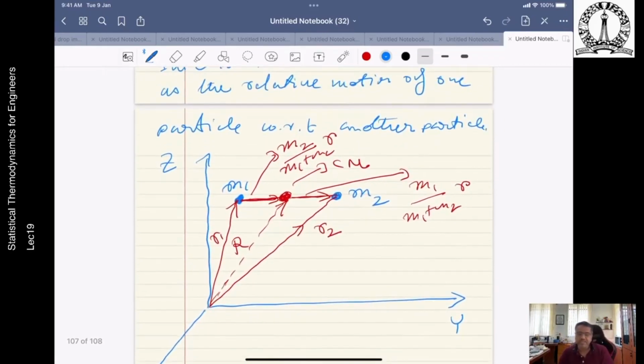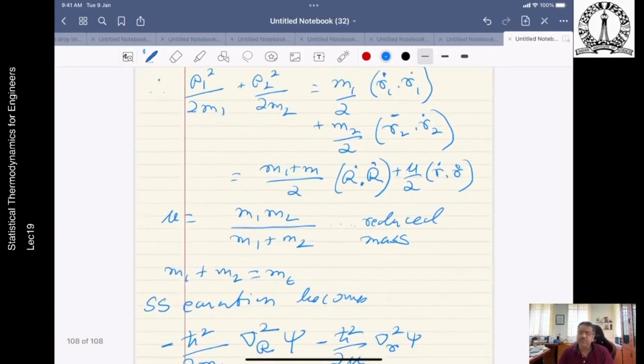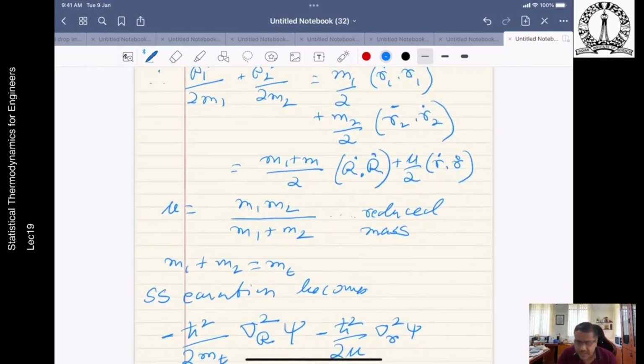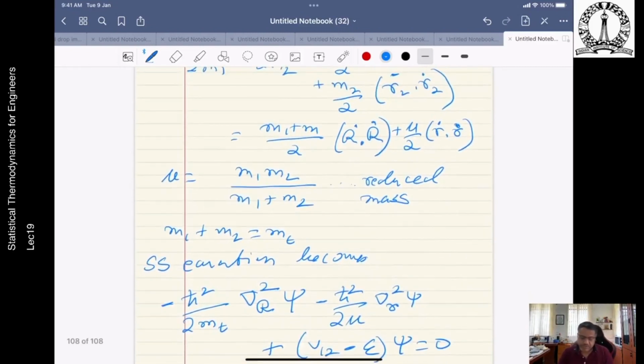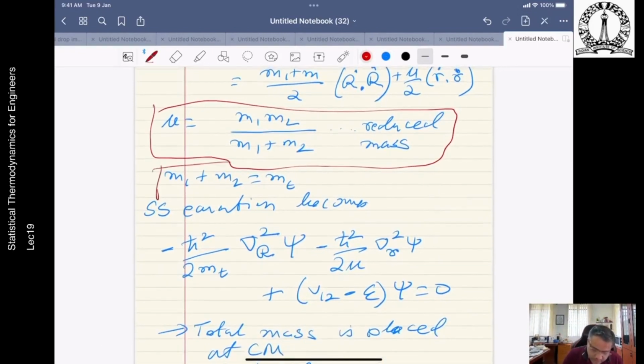So if you look at it, this is how this was done. Two masses, so you place the center of mass concept over here, and then just work it out through plain and simple math that we have already done numerous times. These are all dots that we have done. This is the key concept, reduced mass, which we already know, and this is the total mass. That is why it is written as MT, total mass.